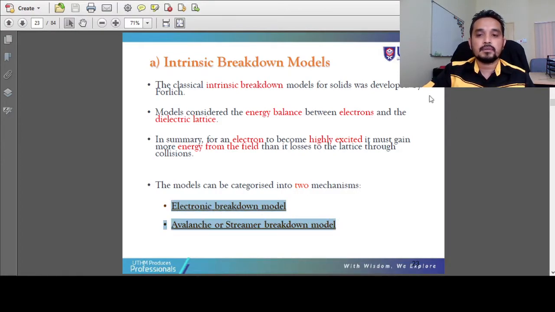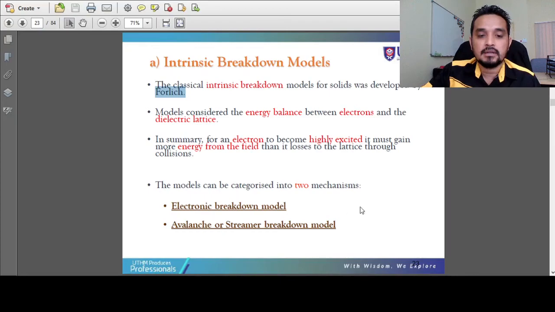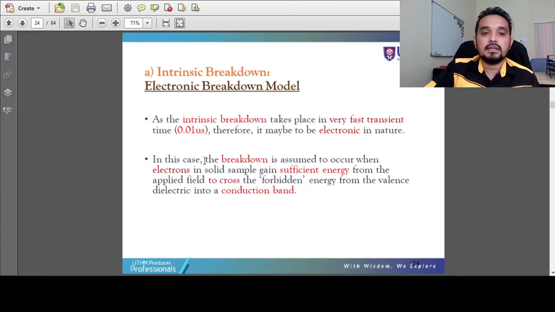The researcher Fröhlich classified the intrinsic breakdown into these two categories, electronic and avalanche. The expressions of these two mechanisms are identical to what we discussed in gas dielectrics.